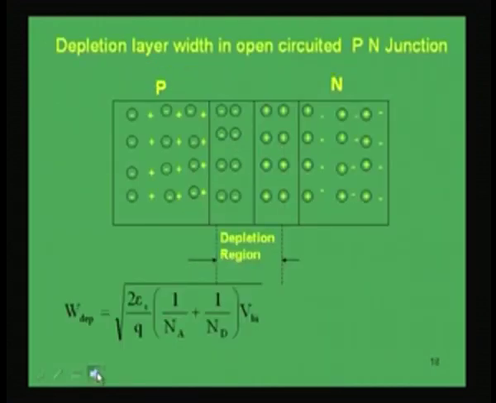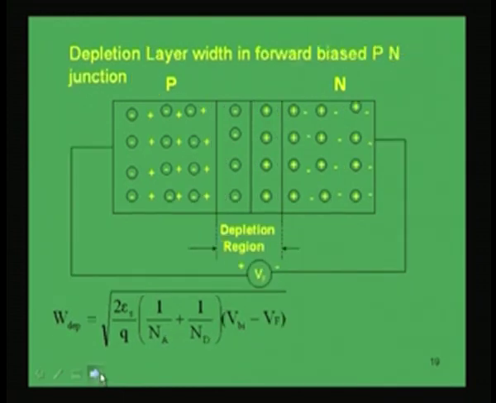Now, let us consider again the p-n junction. What will be the depletion layer width that we already know in an open circuit p-n junction? This will be the depletion layer width given by this expression that we have earlier discussed. Now, if we forward bias this p-n junction, as we know, the majority charge carriers, the holes will be repelled by the positive terminal and the electrons will be repelled by the negative terminal.